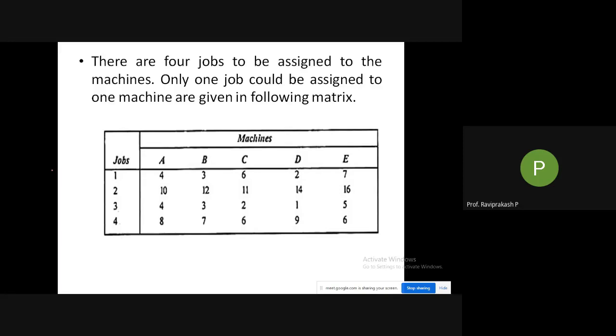So note down this particular matrix at the bottom. Jobs 1, 2, 3, 4, machines A, B, C, D, E, and the different cost values given there. Take this down and try to solve it.